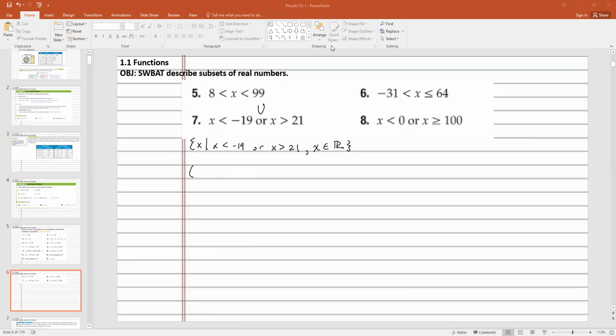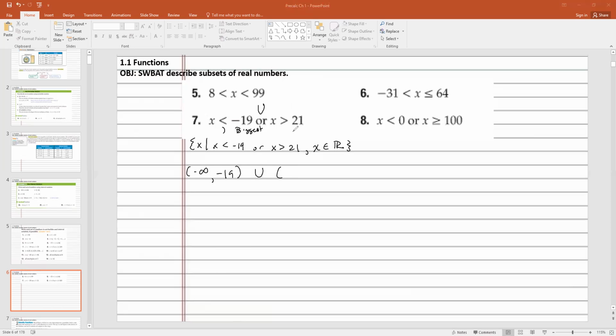So here we look at them one at a time. Look at this first one. Here, this is the biggest number, since x is less than negative 19. So negative 19 is the biggest. And that means the smallest is negative infinity. Or, and then here we have that union symbol. And here we have x is greater than 21.